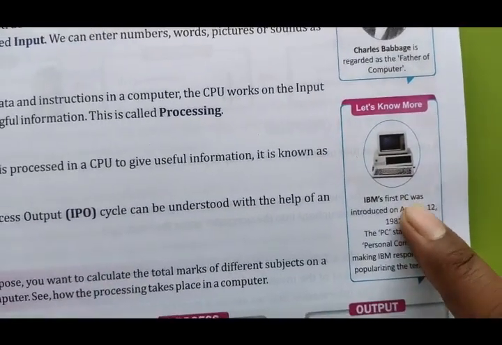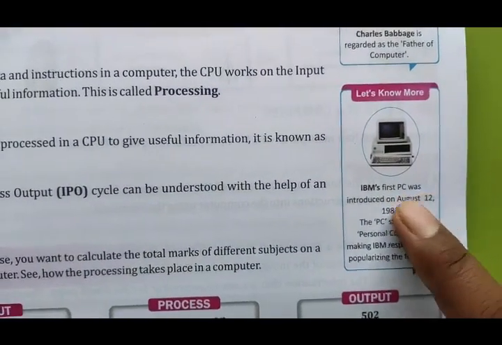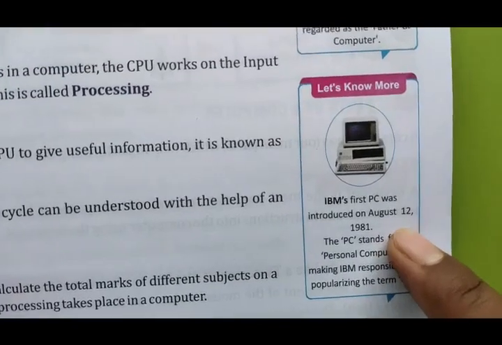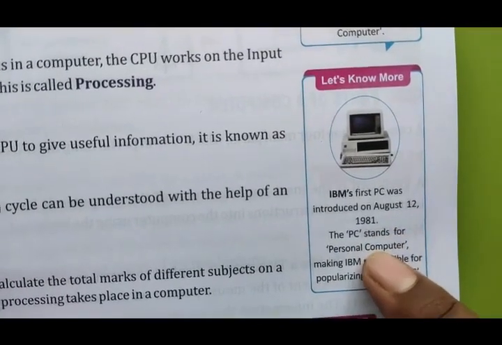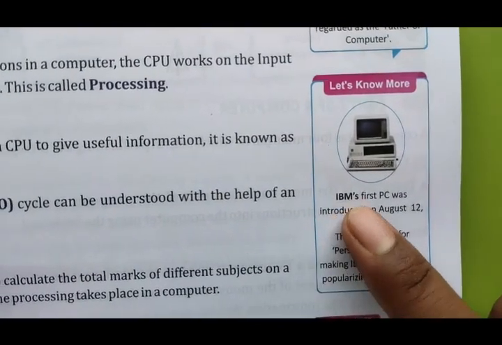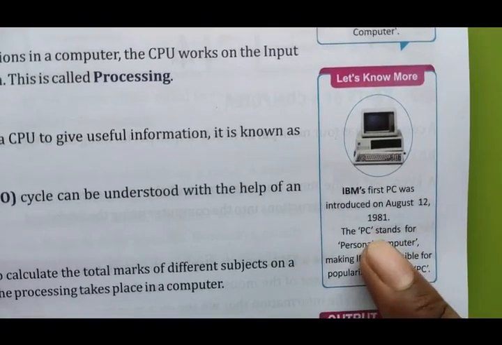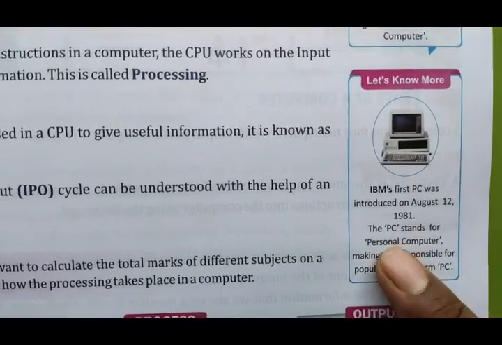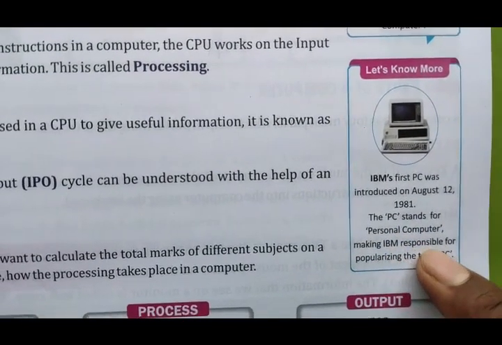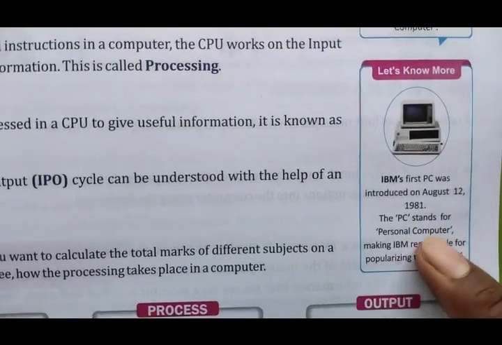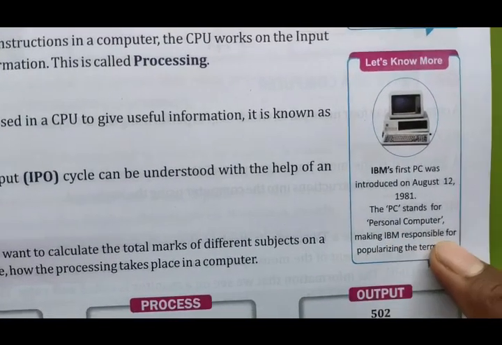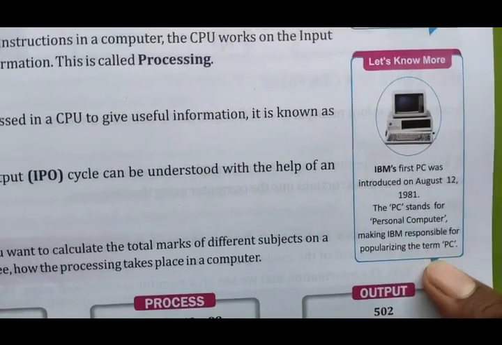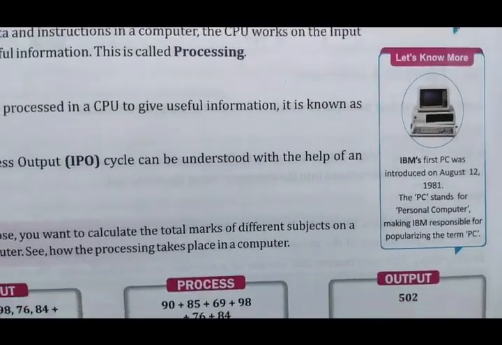Next, IBM's first PC was introduced on August 12, 1981. IBM, International Business Machines, is one type of computer maker. The PC stands for personal computer. Remember this, PC means personal computer, making IBM responsible for popularizing the term PC.